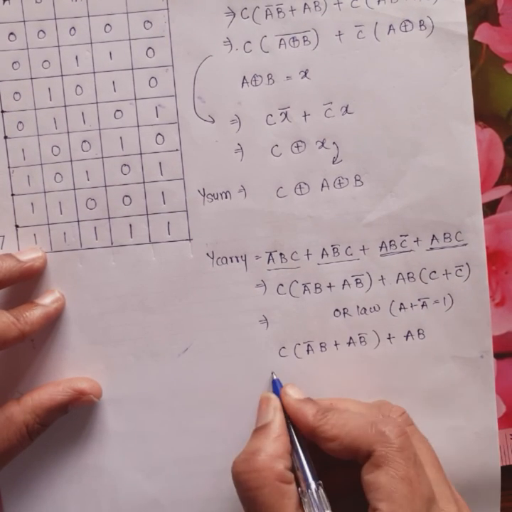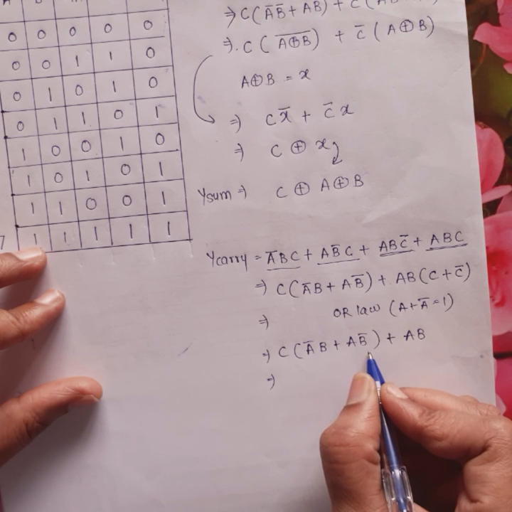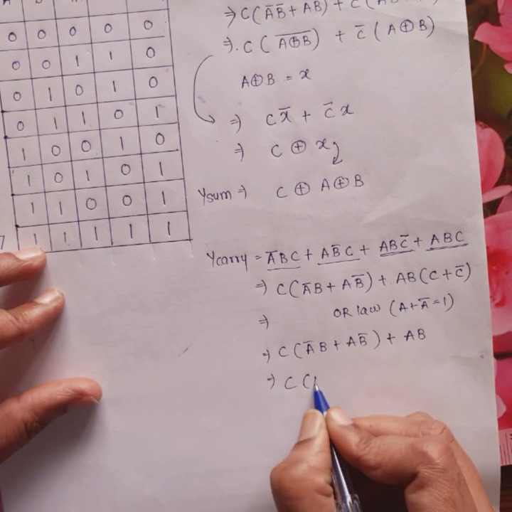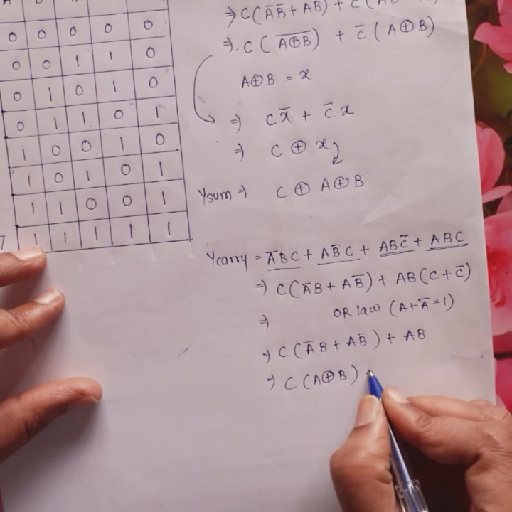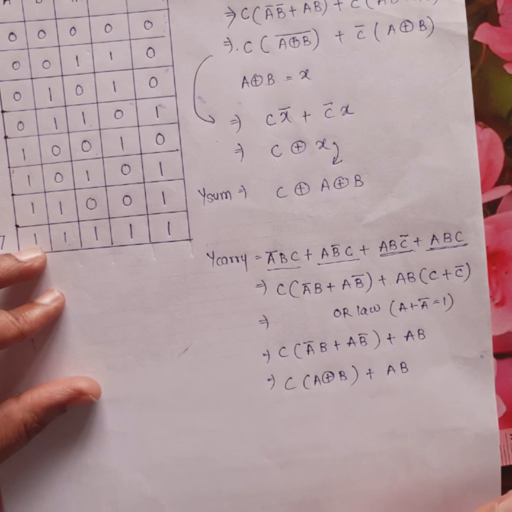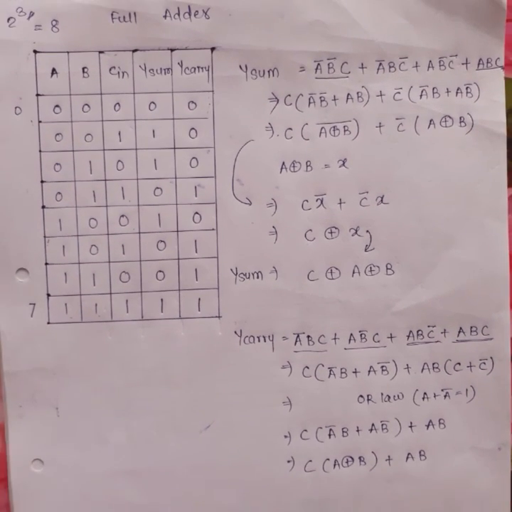AB into 1 is AB. Then coming to the term A bar B plus AB bar, this represents the XOR operation, and the respective expression is shown as C times A XOR B plus AB. So this is all about the truth table and Boolean expression for sum and carry.